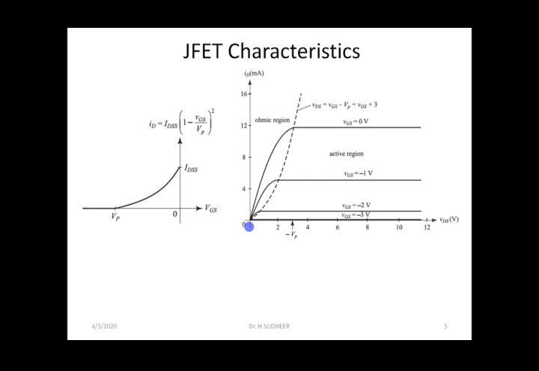Now we will see in this figure the drain current characteristics, ID versus VDS, for different values of VGS. Previously, we have seen only one value, where VGS is equal to 0.